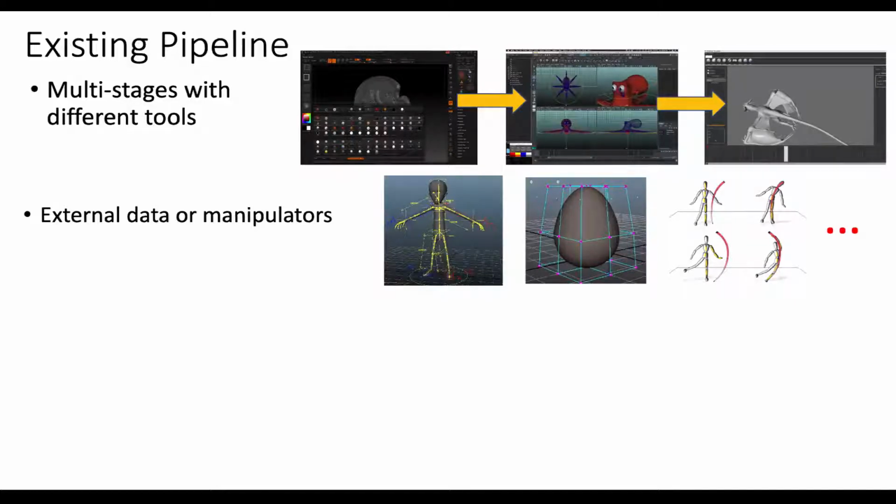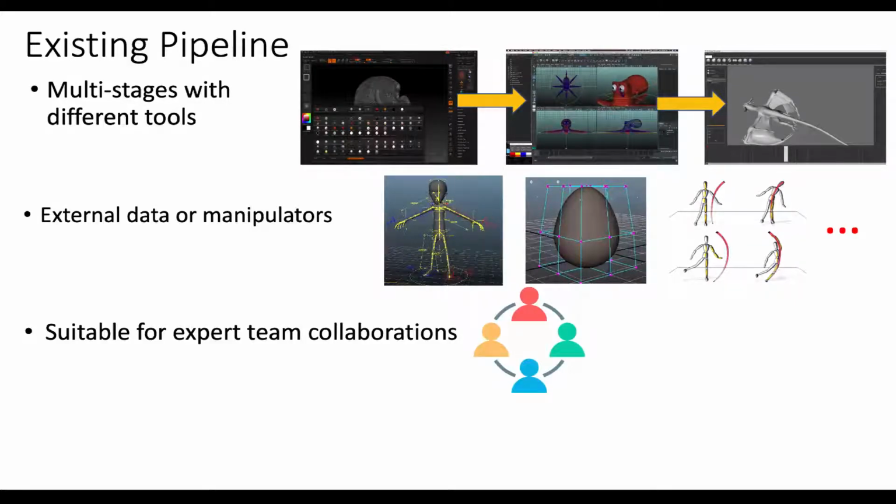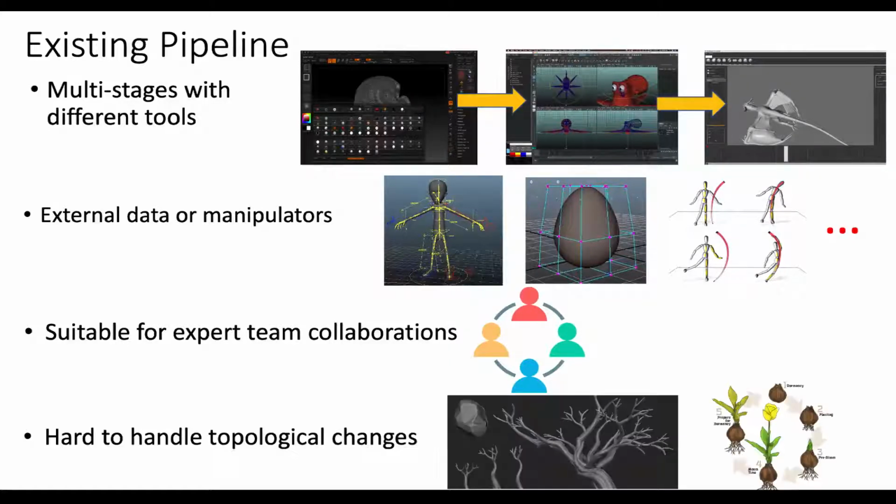The pipeline is suitable for commercial animation production with expert team collaborations, but will be very difficult for novice users for learning and tutorials. Finally, the existing pipeline becomes tedious to handle topological changes, which is very common for organic sculpting animations.